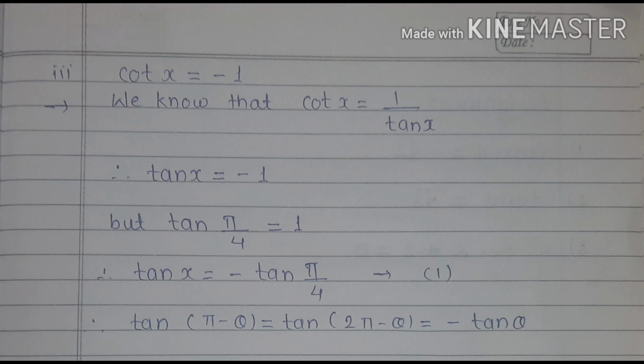By allied angle, tan of pi minus theta is equal to tan of 2 pi minus theta is equal to minus tan theta. As our right hand side is negative, our solution will lie in the second quadrant and fourth quadrant. Hence we are using these two formulas.